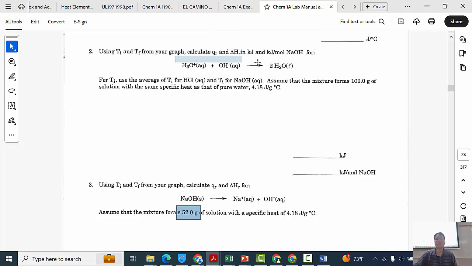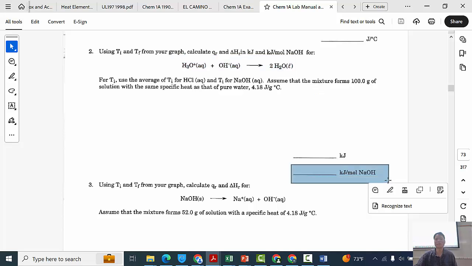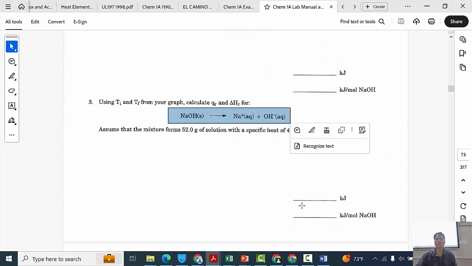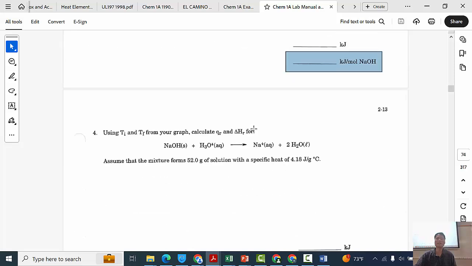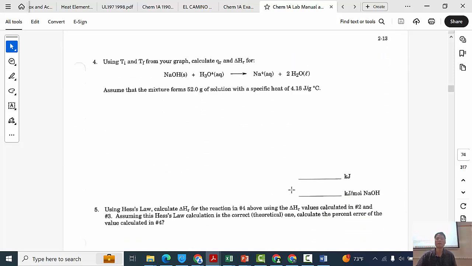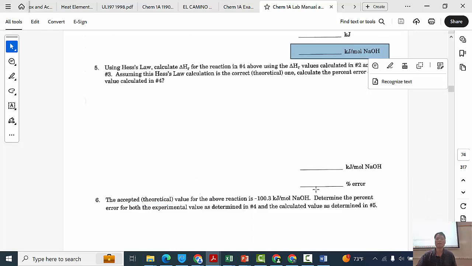But we could add up equation 1 with delta H1. This is delta H1 here. And we could add up equation 2 with delta H2. And if they just add up in a 1-to-1, then we get 2 ways to determine delta H3. 1, Hess's law.